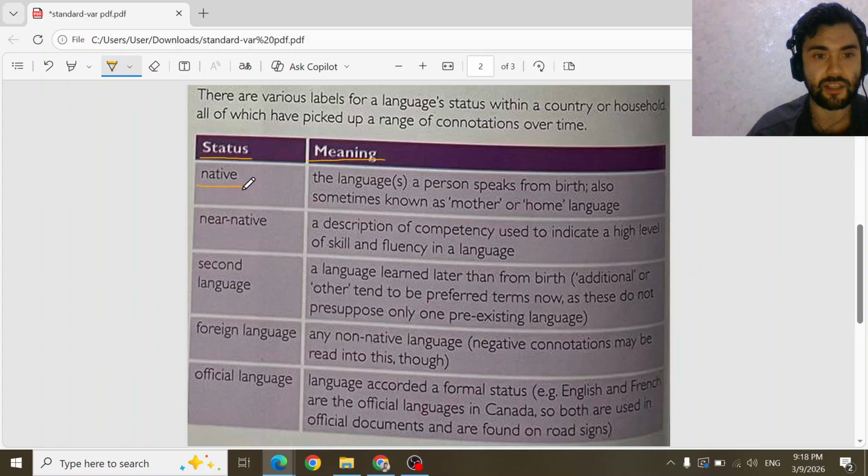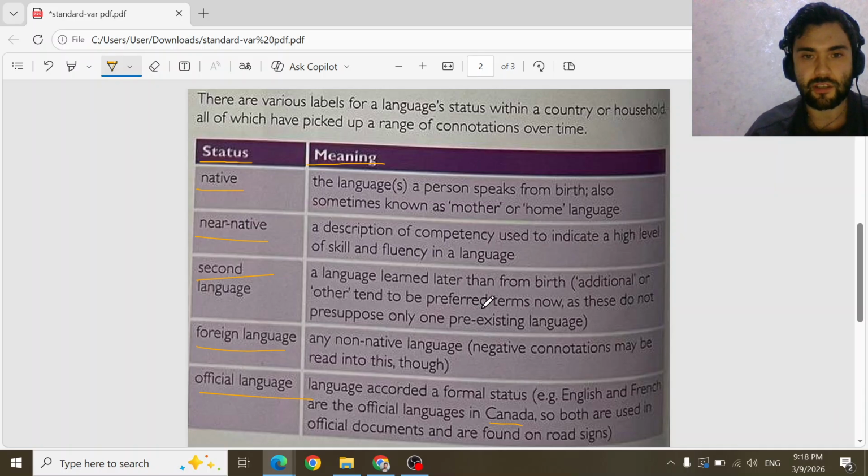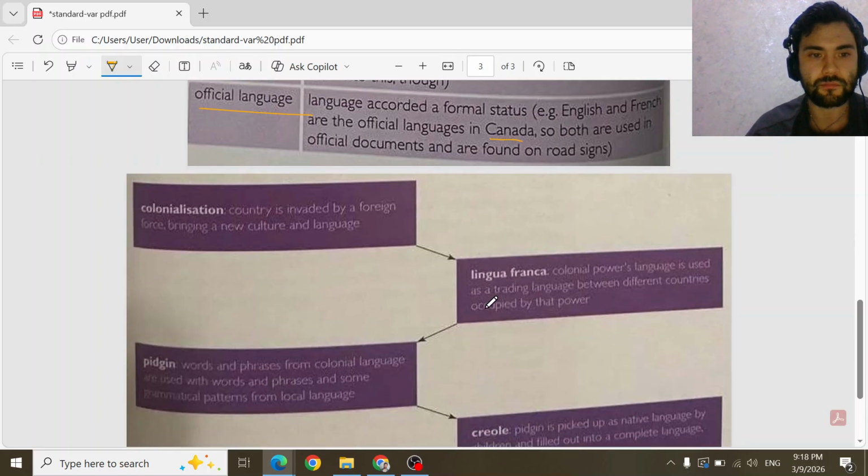It can be native language, near native, second language, foreign language, and official language, which is either related to creolization or the Queen's English is official on such territories like Canada or Australia. So you can take a look at the descriptions here.